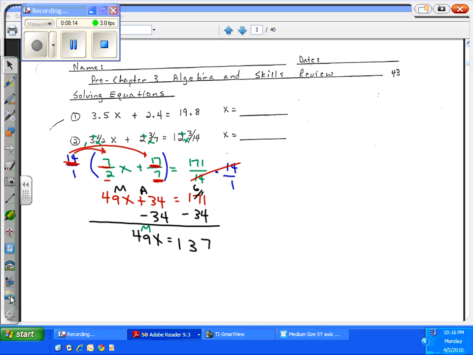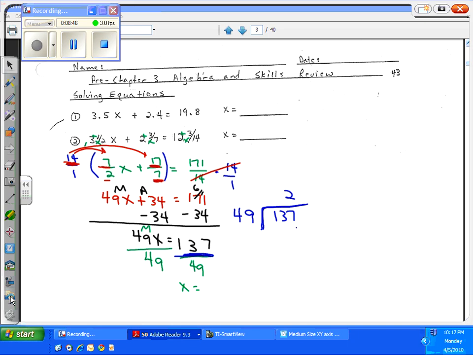Now we're going to undo multiplication by division. We allow you to leave it improper. So 137/49 is the answer. To change it to a mixed numeral, we would take the numerator, 137, divided by, that's what that fraction bar says, divided by the denominator 49.